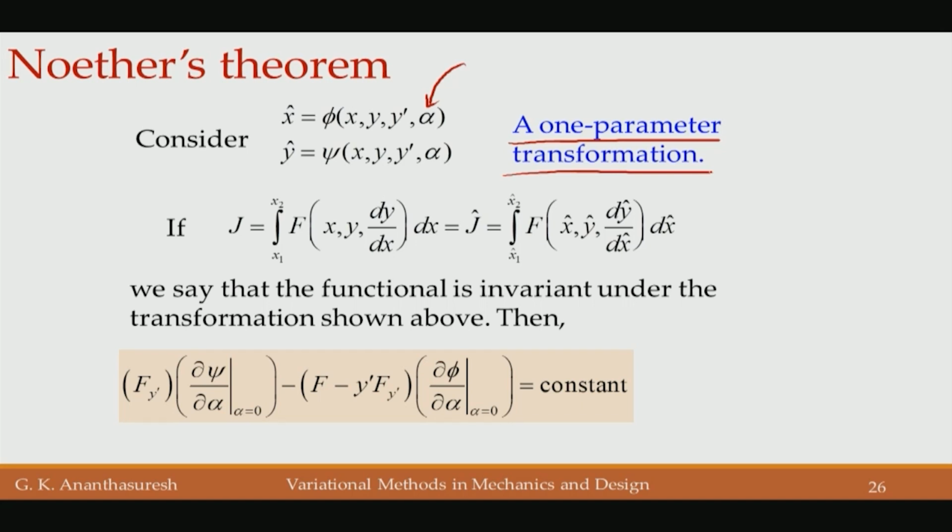So, basically x hat is expressed in terms of x, y, y prime, alpha. It could also involve y double prime and so forth, but as we have been doing, we always take the simpler case, that it depends on the first derivative. If it is second derivative, third derivative, you can work it out once we understand this. So, we are taking only up to y prime, and introducing this parameter in the transformation.